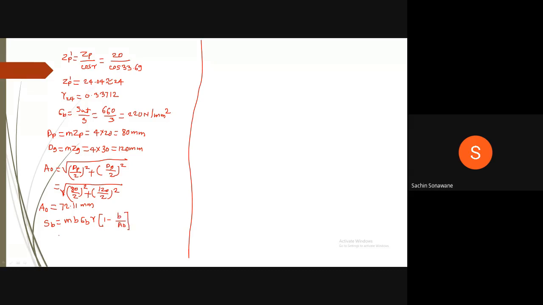Therefore, substitute the values: 4 into 20 into 220 into 0.33712, the Y value given, into bracket 1 minus 20 divided by 72.11.